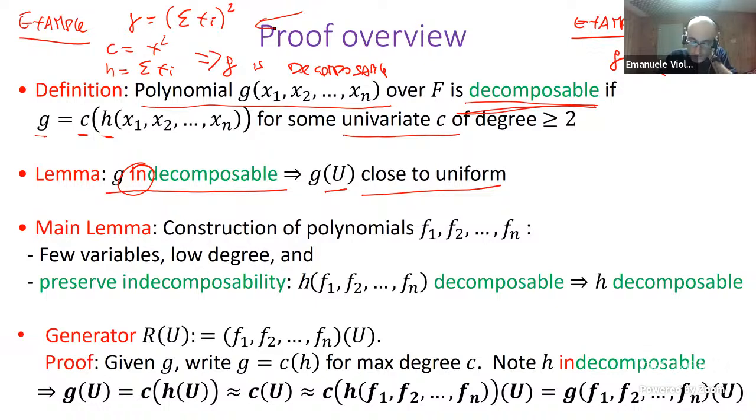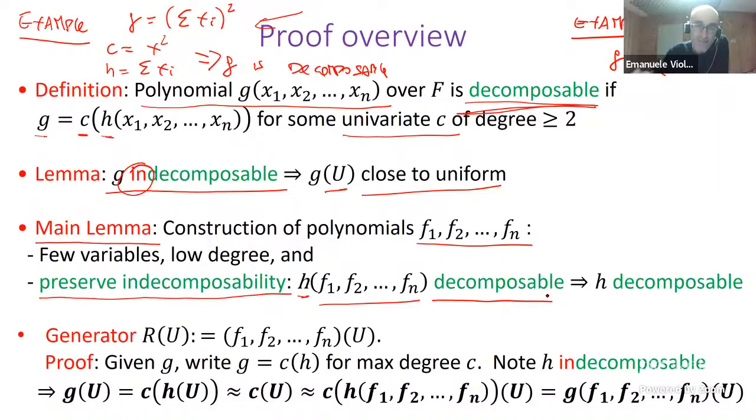The main lemma that we show is not this one, it is this one. It is a construction of polynomials f1, f2, ..., fn, which have some nice properties. The main important property for us is that they preserve indecomposability. If you have a polynomial h and you plug these f's in for the variables, and this composed thing is decomposable, then in fact the original polynomial in the x's was decomposable.